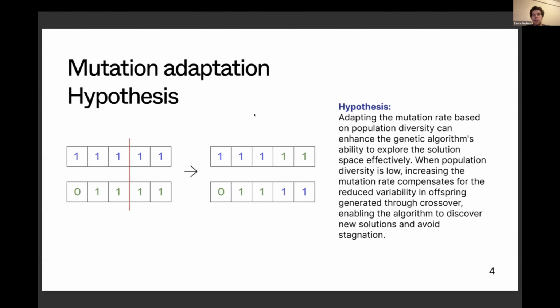Because when the population diversity is low, it means that offspring generated through crossover are more likely to be similar to each other, as you can see on this scheme on this slide. In such cases, increasing the mutation rate can compensate for this reduced variability, helping the algorithm discover new solutions and avoid stagnation.